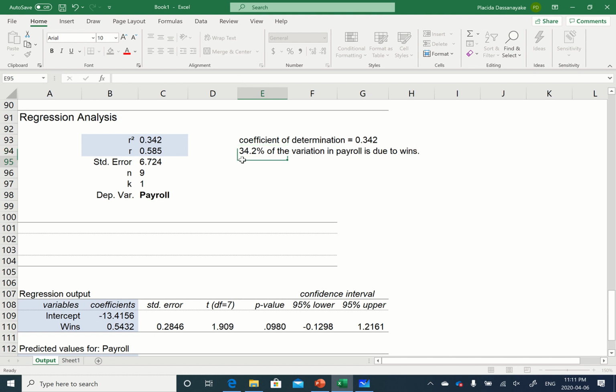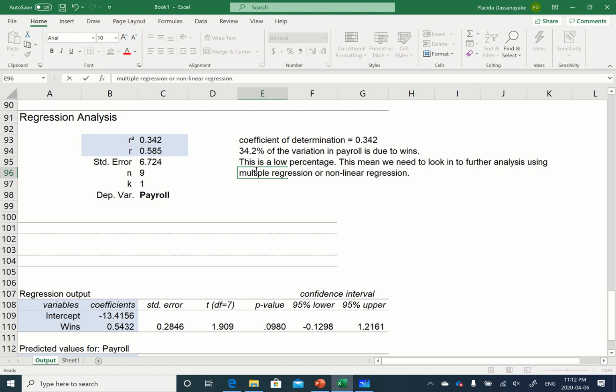This is a fairly low percentage, which means we need to look into further analysis using multiple regression or nonlinear regression.